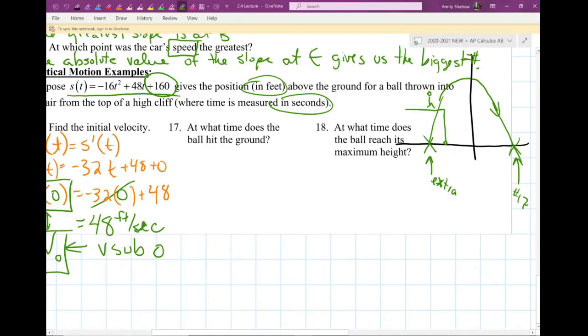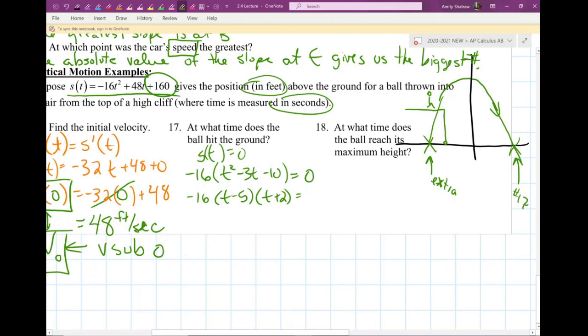If you really wanted to factor it, you totally can. Let's say we set s of t equal to 0, and I'm just repeating the work we just did on the calculator so that you could see. If I factor out a negative 16, I get t squared minus 3t minus 10. I can factor this into t minus 5 and t plus 2, and then I still have that negative 16 out in front.